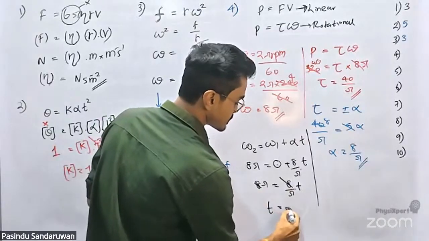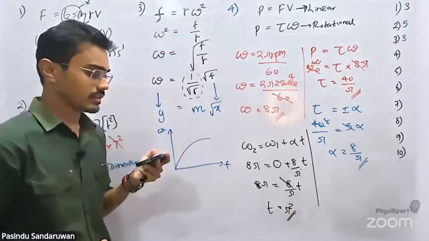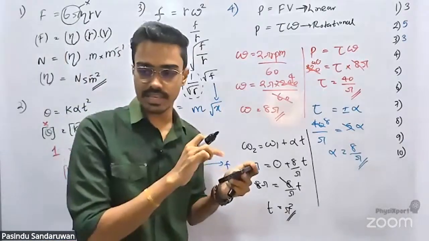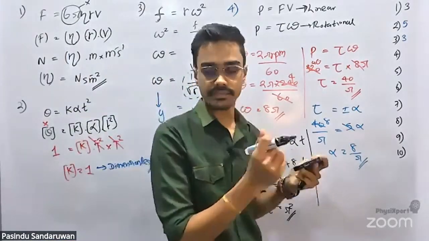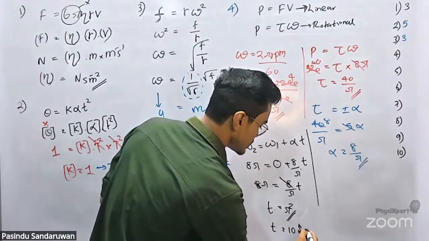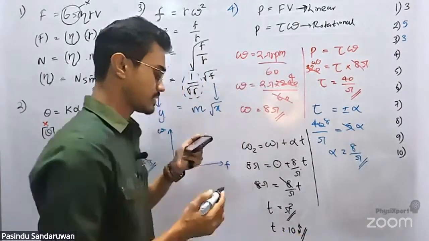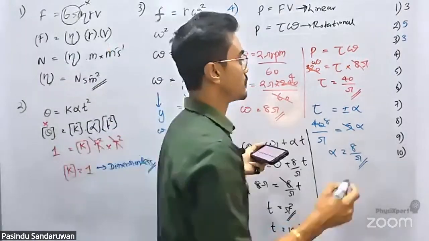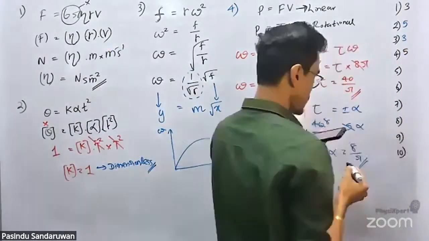T equals pi squared. In the question, it says pi squared equals 10, so the final answer is 10 seconds. For 4, answer 5.